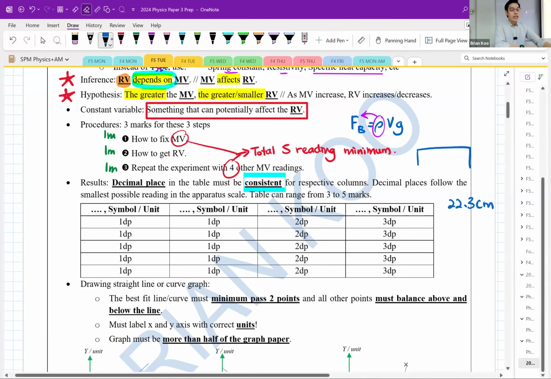Okay. Some of you will say, teacher, what if I'm able to read, let's say this is 22.3 and 22.4, my measurement happens to be right down the middle. Can I put 22.35? Is that okay? That's fine. Then everything in your column, make sure is 2 decimal places.